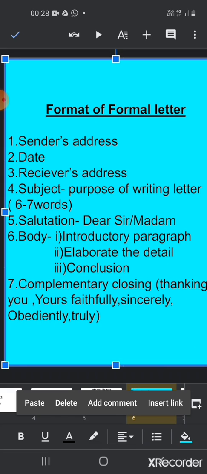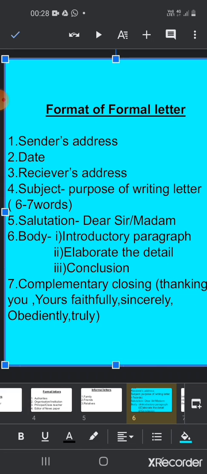Next step is salutation. In salutation, if we don't know the name of the person, we write Dear Sir or Madam. Next step is body. In the body, we start with an introductory paragraph. In this, we start with our introduction, then elaborate the detail.